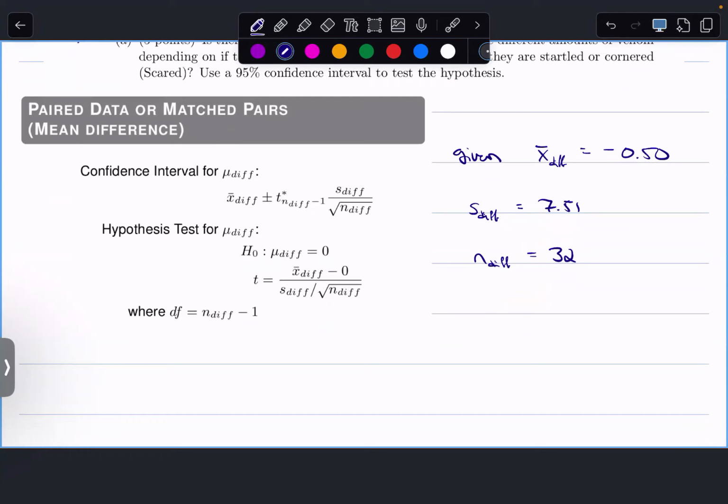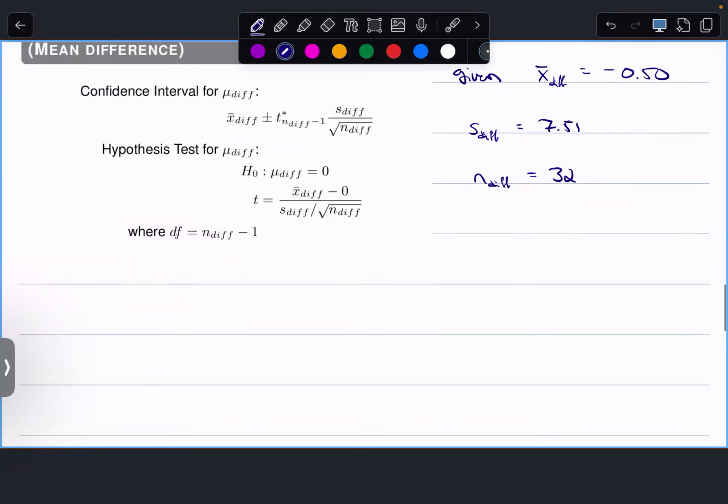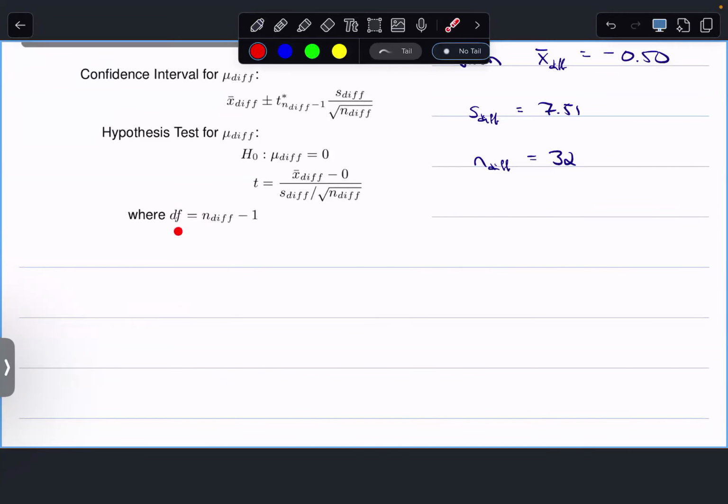So what do I need? Well, if I compare what I have to what I need in my formula, I have x bar diff, I need my t star, and this subscript n diff minus 1 is really just the degrees of freedom, so you can ignore that. But I do need a t star. I have s diff and I have n diff, and t star requires the degrees of freedom. The degrees of freedom is n diff minus 1, which is 32 minus 1, which is 31.